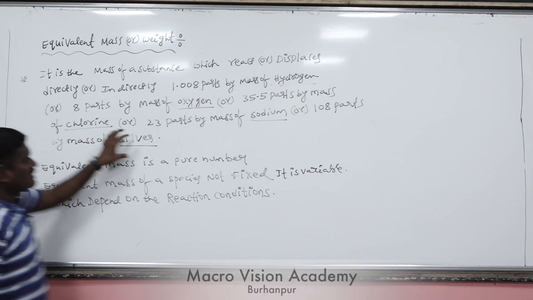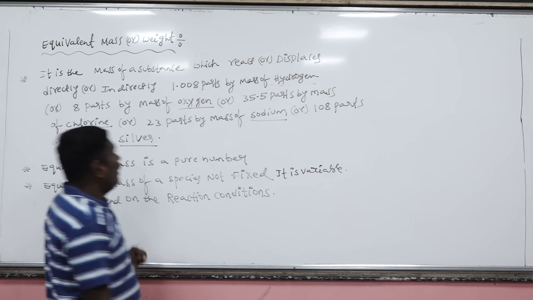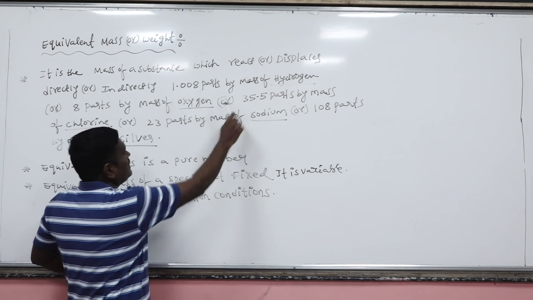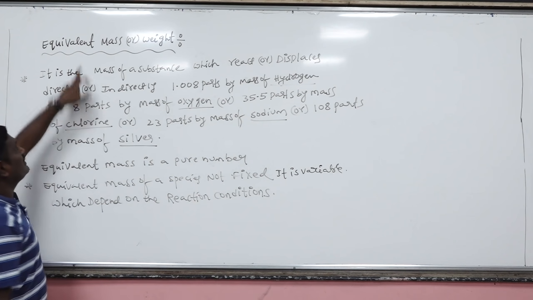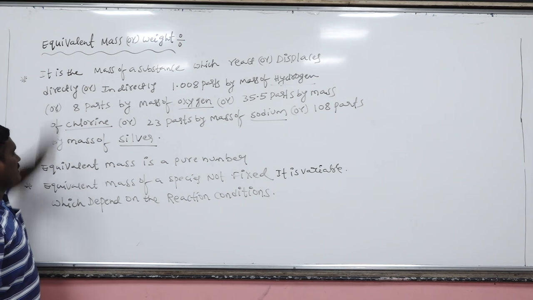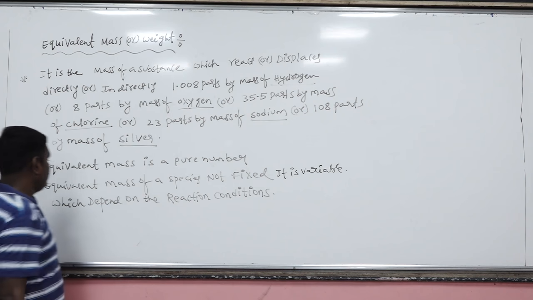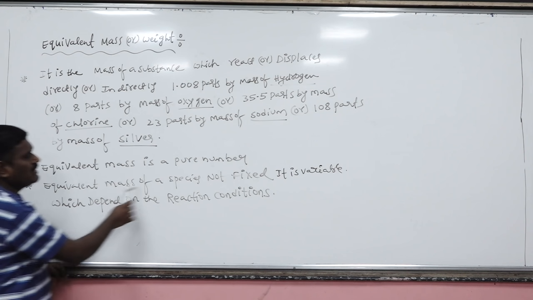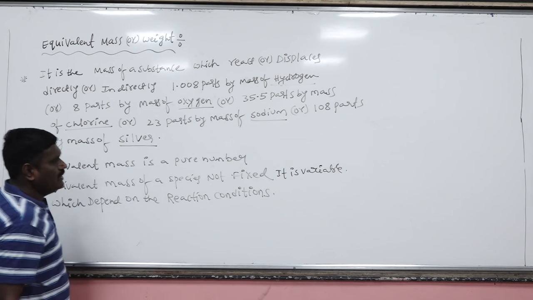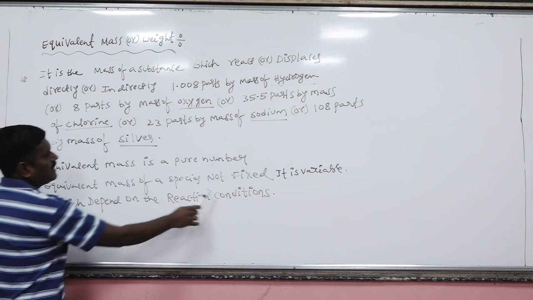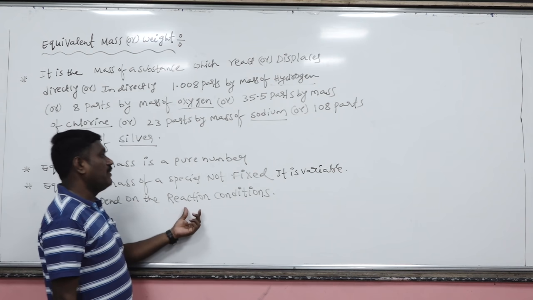Now, these are some standard elements whose equivalent mass is fixed, by comparing which we can find the equivalent mass of an unknown element or unknown substance. Okay. Equivalent mass is a pure number. Equivalent mass is not a fixed quantity. It can be variable, depending upon the reaction conditions. That's why this is very important.